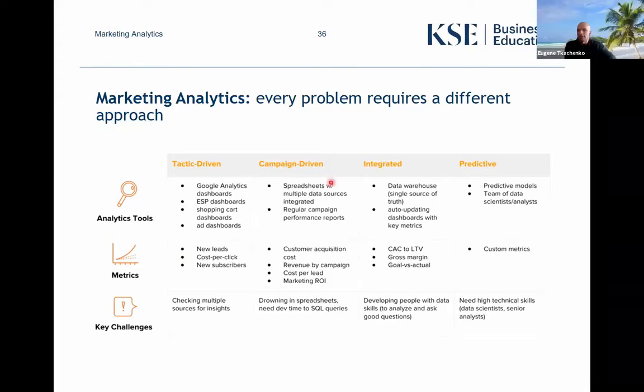If it's something campaign driven, like we launched a new campaign or new product, which is supported and backed by tactics, we will be analyzing the overall ROI, marketing ROI, or return on ad spend for our product entirely.